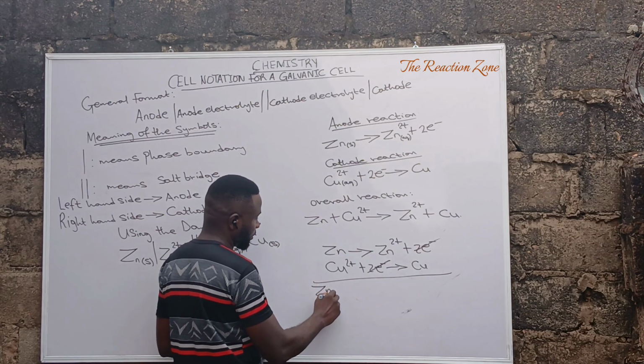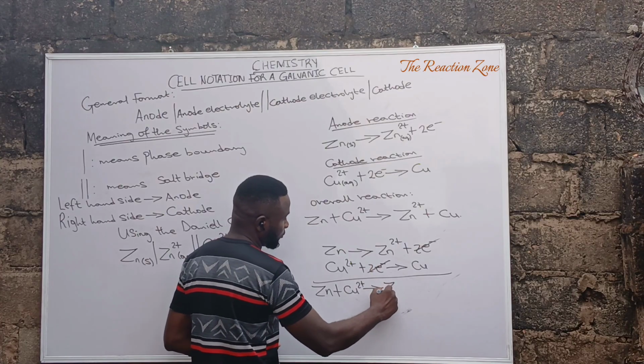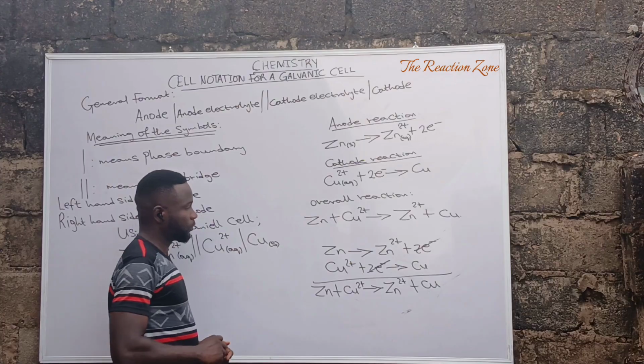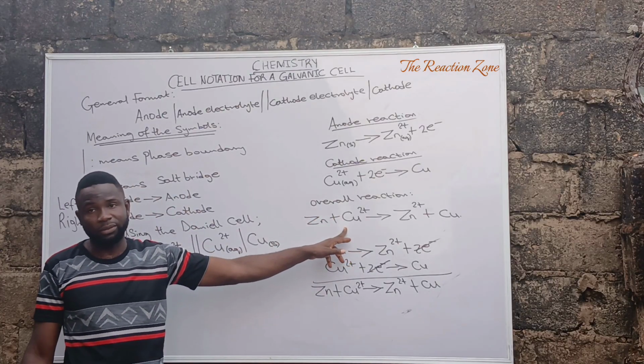So this will be zinc plus Cu2+ to give Zn2+ and copper. So this is how you obtain the overall reaction for a Daniell cell.